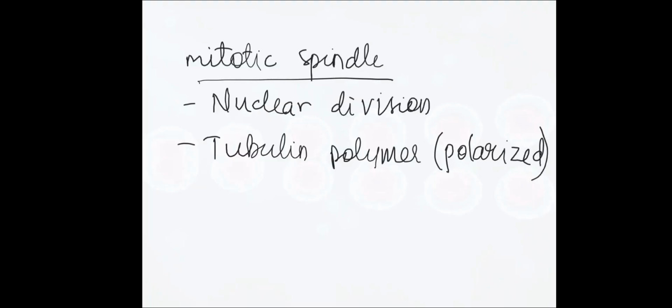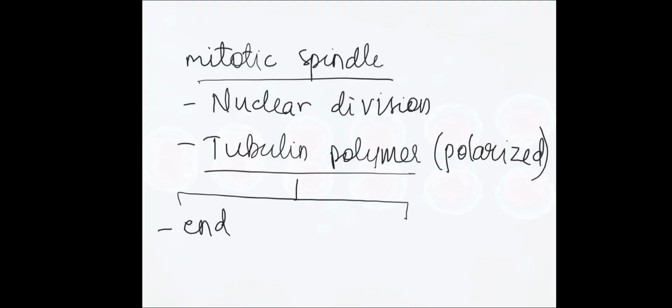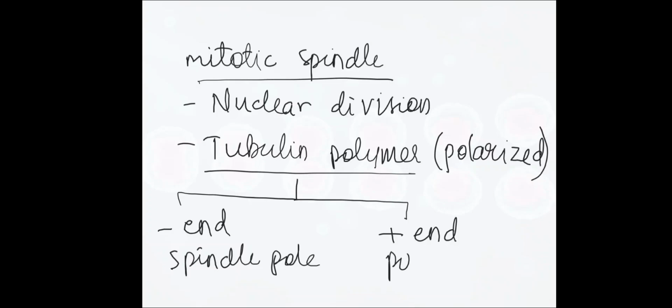One end of this tubulin polymer is the minus end and the other end is the plus end. The minus end is embedded in the spindle pole, and the plus end is pointing outward from the pole.